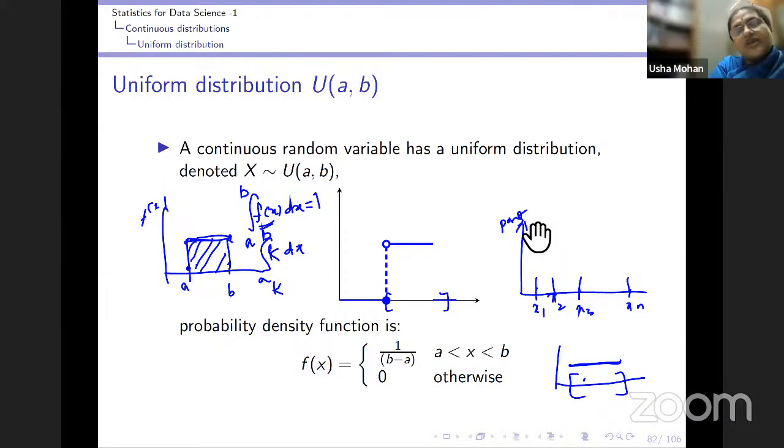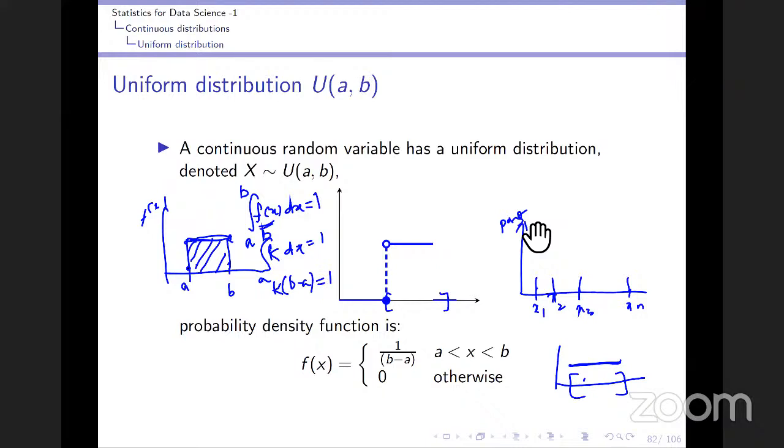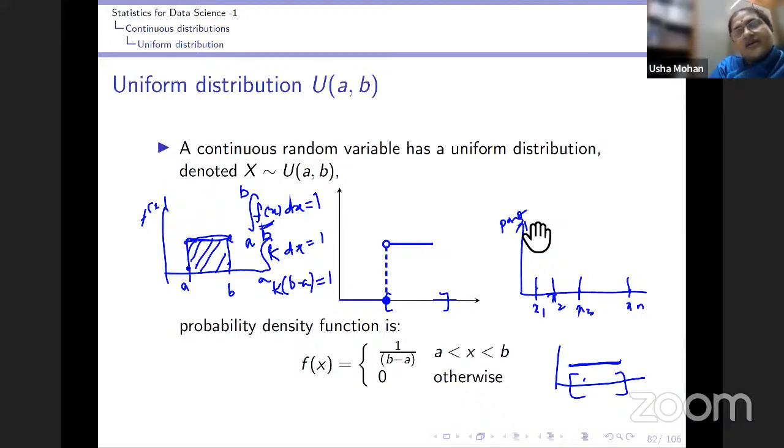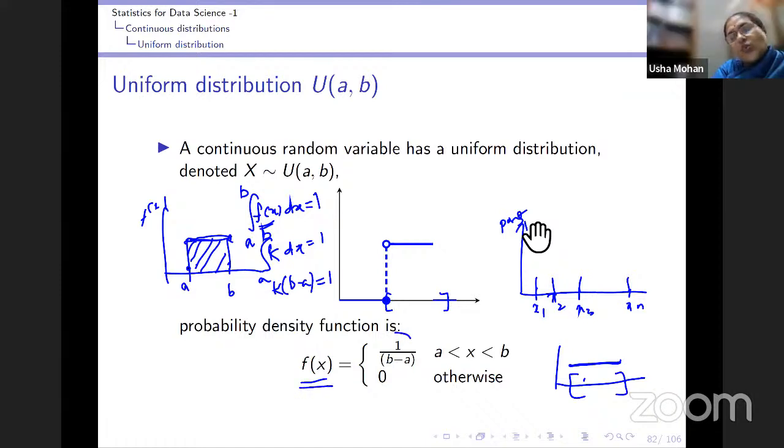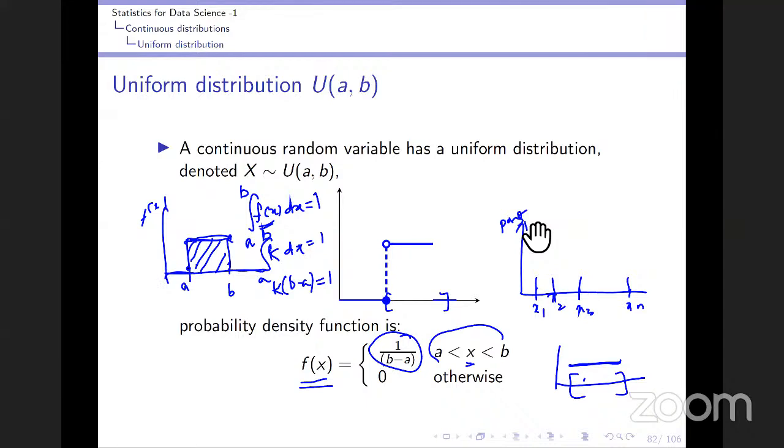So this would be k into b minus a, and that is equal to 1. So what is the value of k? 1 by b minus a. So the probability density function is 1 by b minus a for any x that lies between a and b, and it is 0 everywhere else. Is this clear? Yes, ma'am.